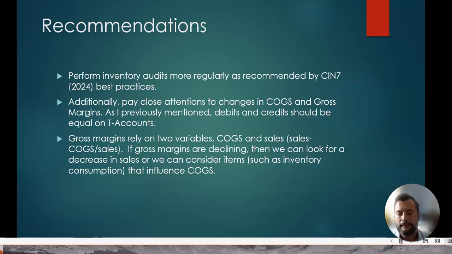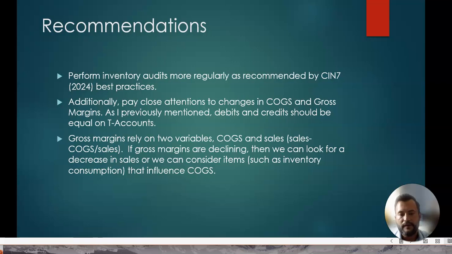We can also check into our gross margins, because it relies on two variables. One of these variables presented as an issue in the current problem that we're seeing here, and that's our cost of goods sold. The other variable is sales. The gross margin can be determined by taking our sales, subtracting our cost of goods sold, and dividing by our sales.